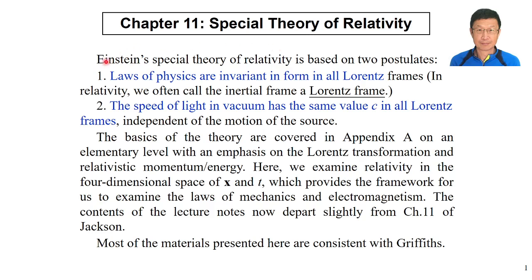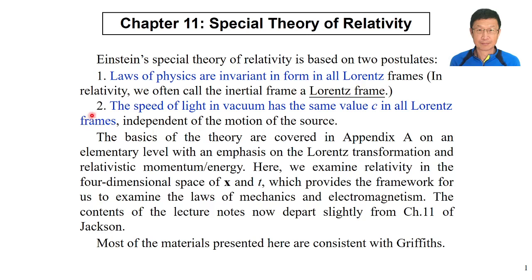First, Einstein's special theory of relativity is based on 2 postulates. One is laws of physics are invariant in form in all Lorentz frames. In special relativity, we often call the inertial frame a Lorentz frame.